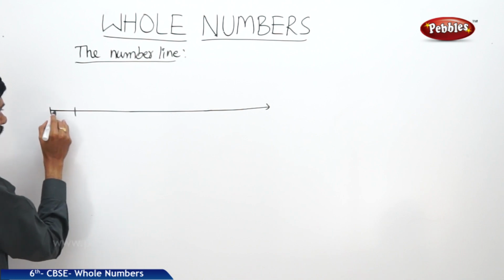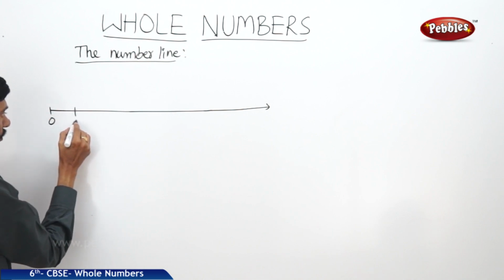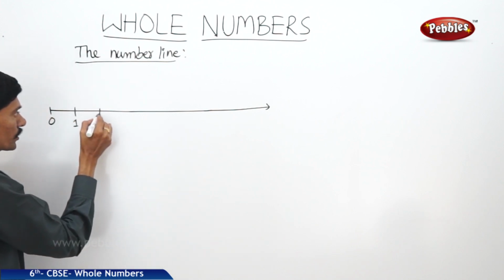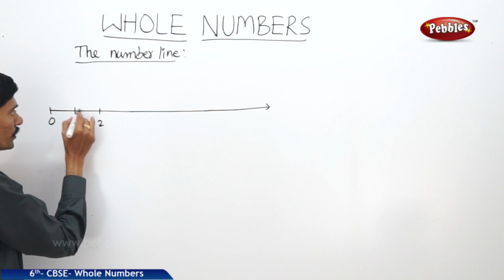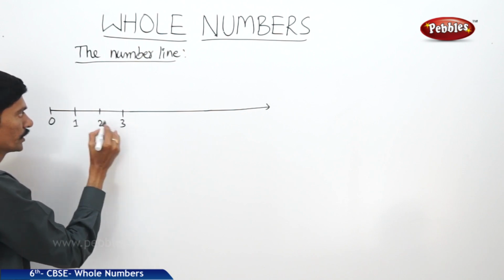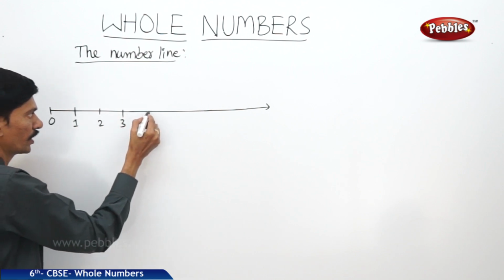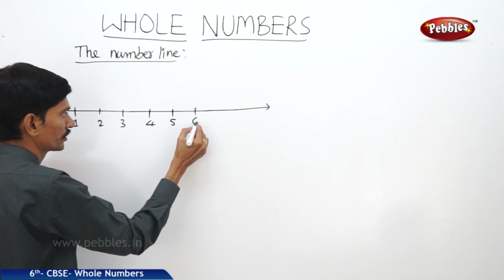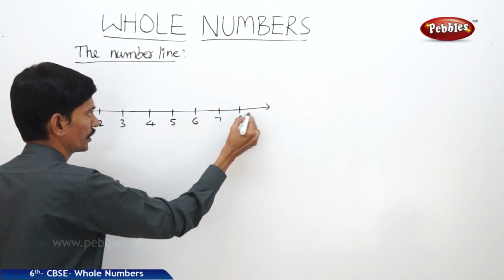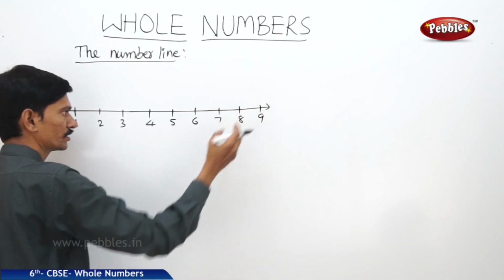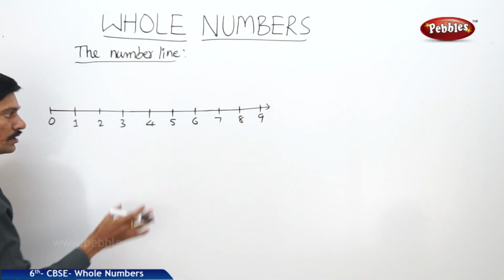Then 1 unit away from 0 we mark 1, and 1 unit away from 1 we mark 2. So the difference between any two consecutive whole numbers is 1. So with equal intervals we mark 0, 1, 2, 3, 4, 5, 6, 7, 8, 9, and so on. This arrow mark represents that these whole numbers are unlimited.